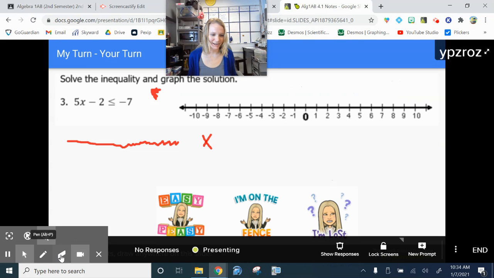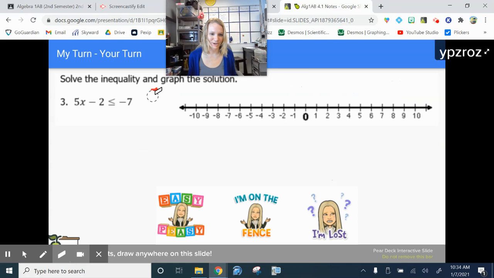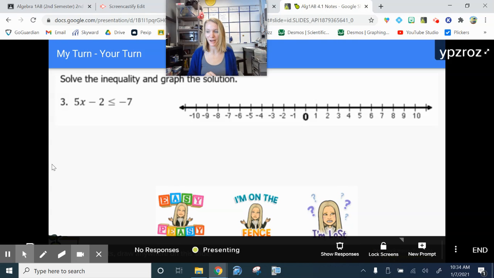Oh, see, there we go. That was my stuff from what I was trying to fix. So you guys, let's see how you T-chart after I've just completely tried to mess you up.